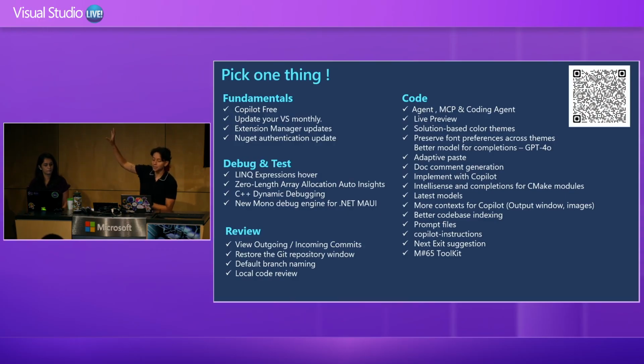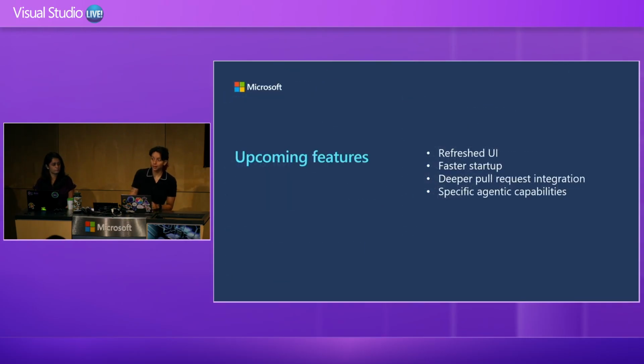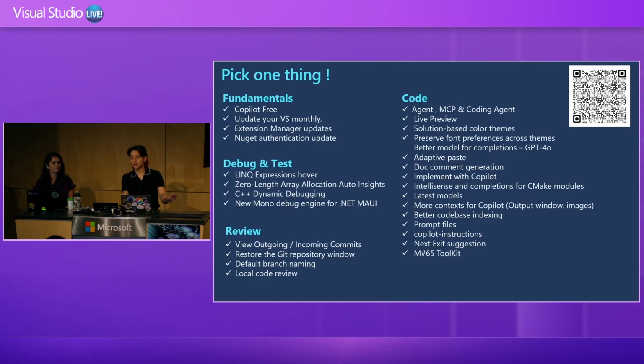So go ahead, take pictures. The QR code goes to our release notes for 17.14 that will have descriptions of everything that we talked about today. And I would just suggest maybe pick one thing overall or one thing in each category that you think might help you out, that you want to give a try. And if you've got questions, we'll be around. Just wanted to make sure everybody got their screenshots or their QR code things. Okay, cool.